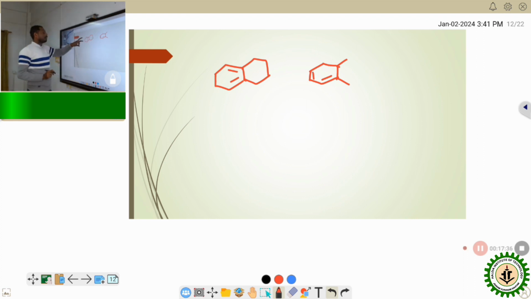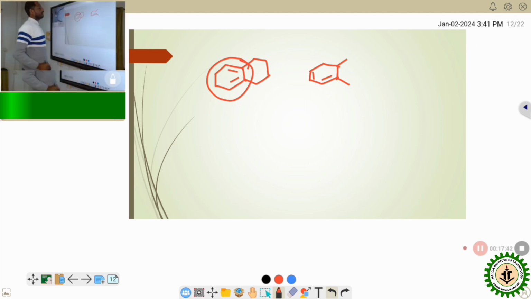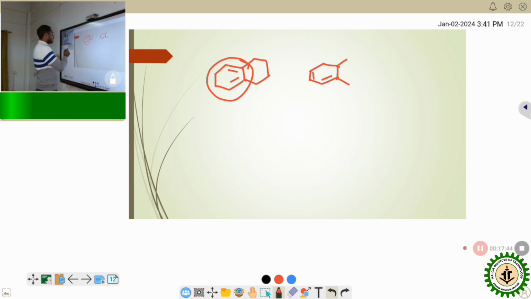When two double bonds are present in the same ring, this is known as homoannular system. But in case of heteroannular system, two double bonds are present in different rings. Okay, different rings, like that way. That is a heteroannular system.